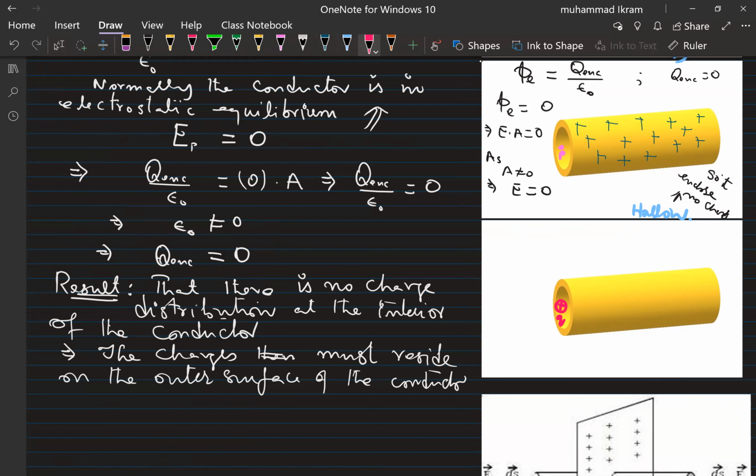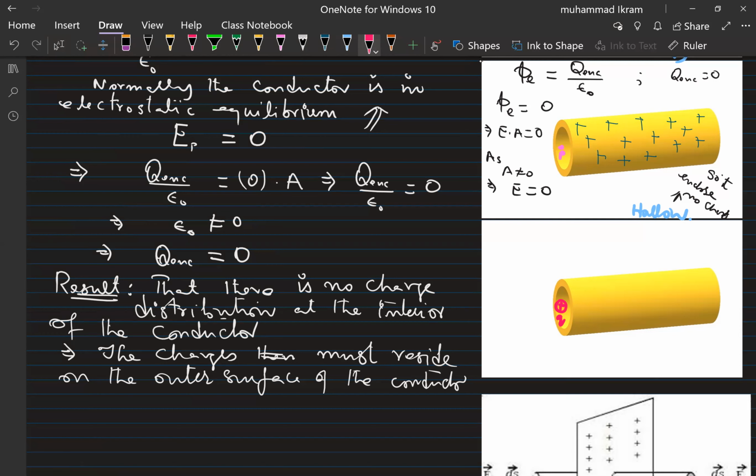In this case, as you see, we have placed charge Q inside the hollow conductor. Now we insulate it so no charge can jump from one surface to another. If we use Gauss law with a Gaussian surface S, as you see, then the net charge enclosed has to be 0, because there was no charge transfer between the charge and the conductor, right?